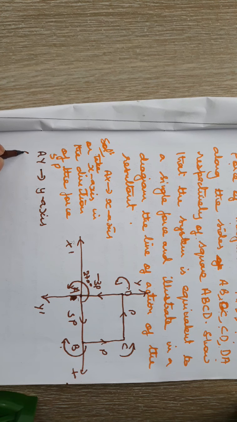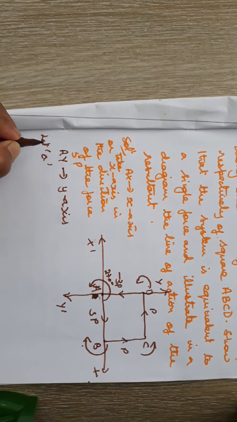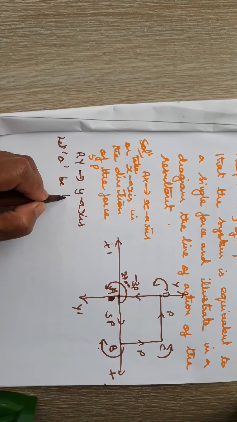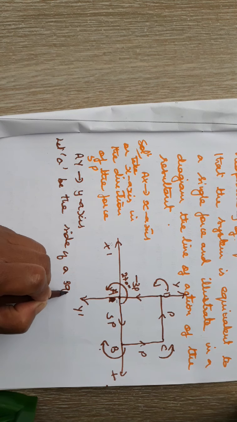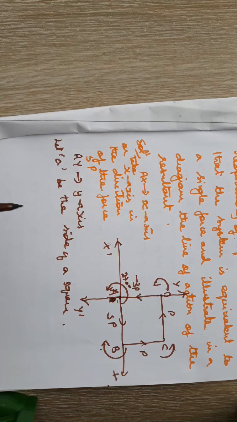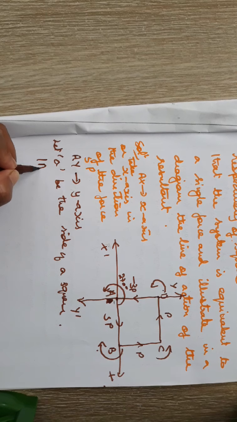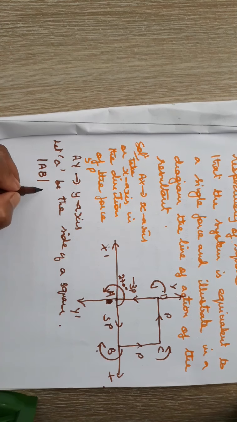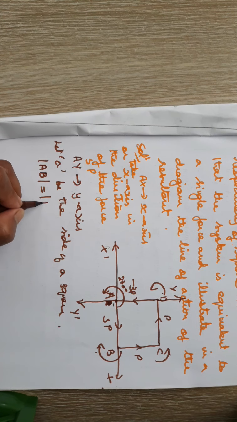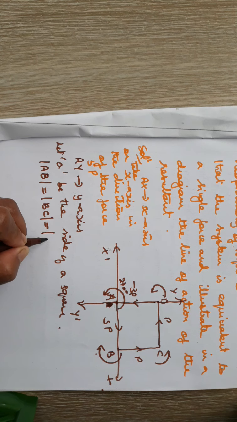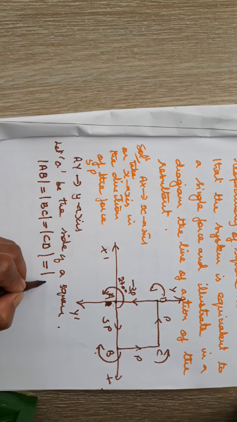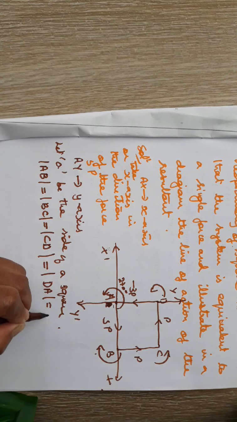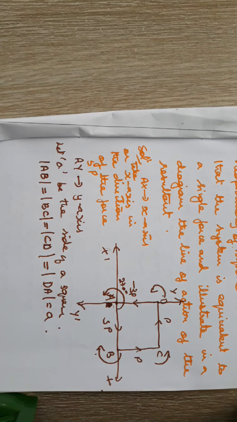And let a be the side of the square, so that the length of AB is the same as, since it is a square, the magnitude of BC is equal to CD is equal to DA is equal to a, the length of the side of the square.